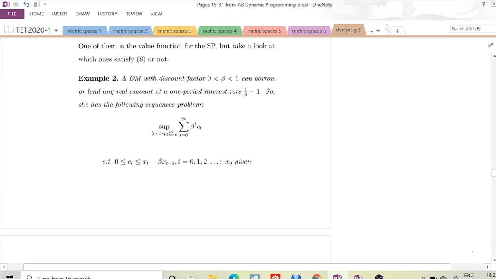And it will be the case that this particular v that solves the functional equation will not be the value function v star.